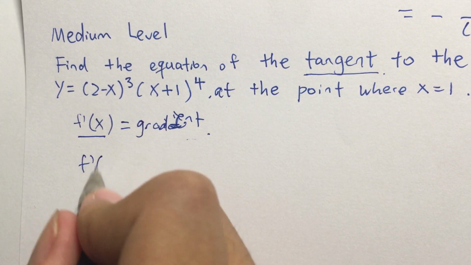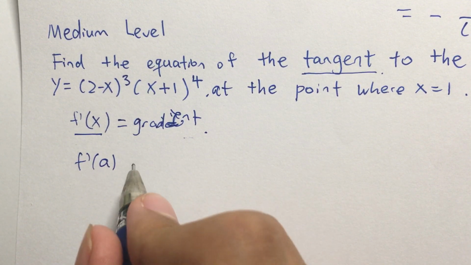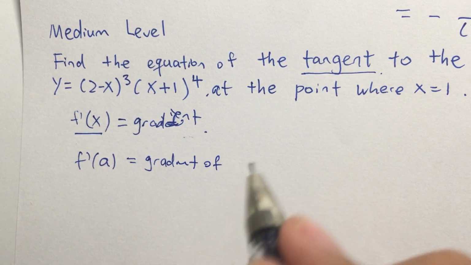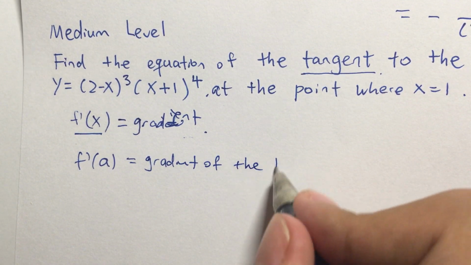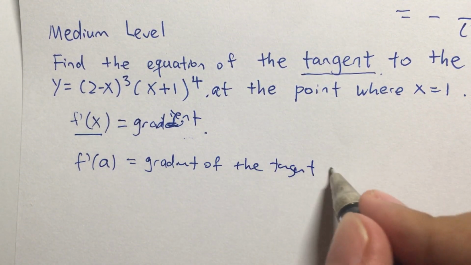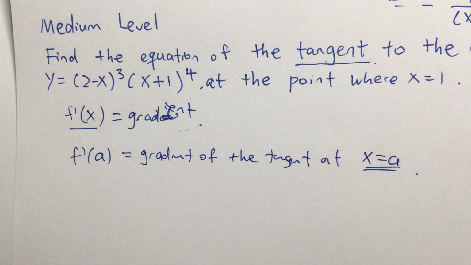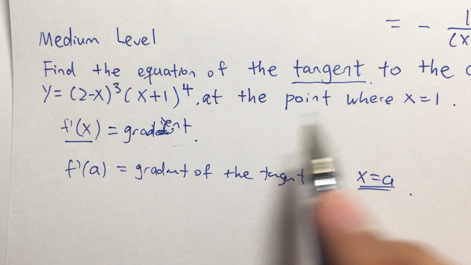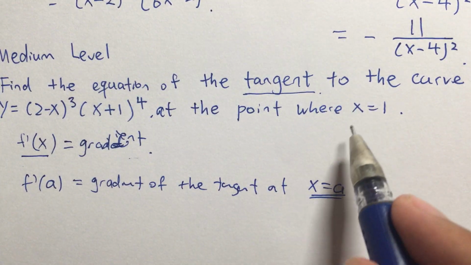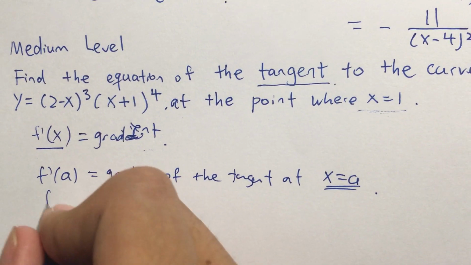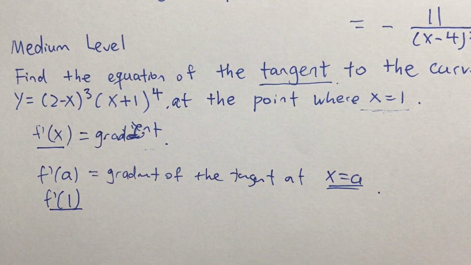For a specific value like f dash a, this is the gradient of the tangent at the point x equals a. Here it says x is already equal to 1, so we are trying to find f dash 1.